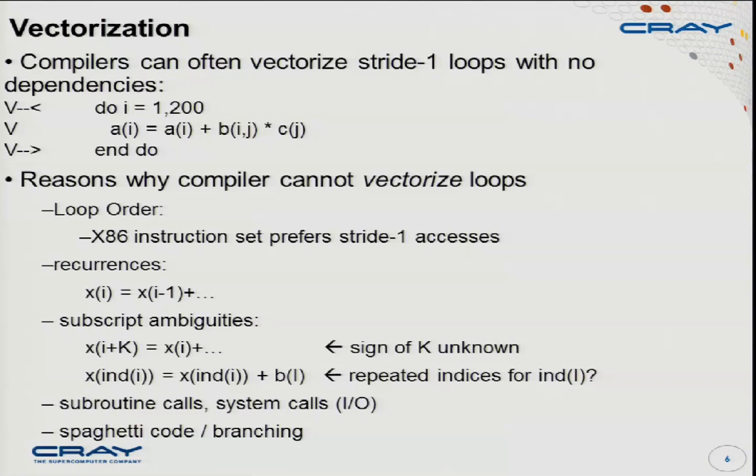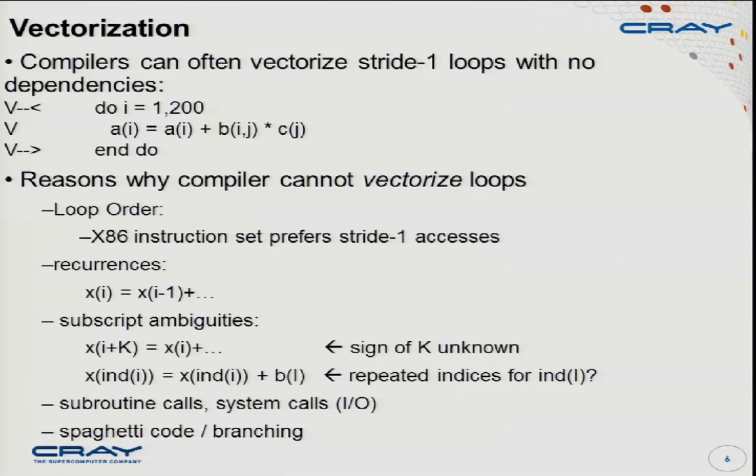Another one is recurrence: X sub I is equal to X sub I minus 1. This is not data parallel. Every iteration depends on a result from the previous iteration, so normally you can't vectorize this. There are various tricks to vectorize it that were important on the old vector machines, but most of those tricks don't apply here. You just do it in scalar on x86.